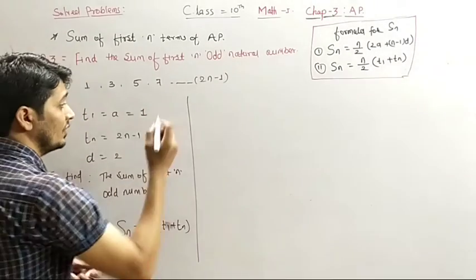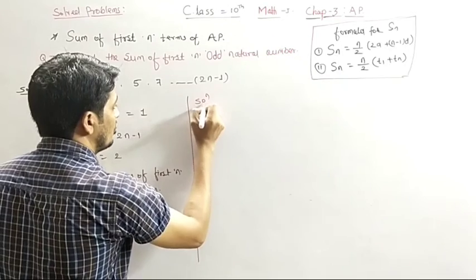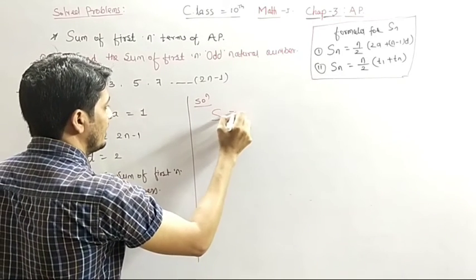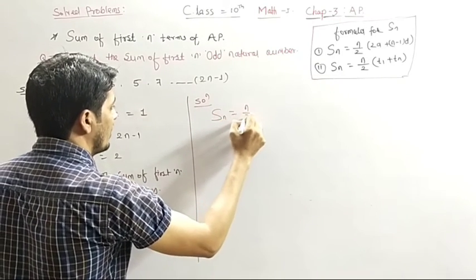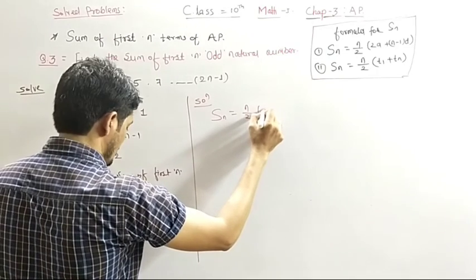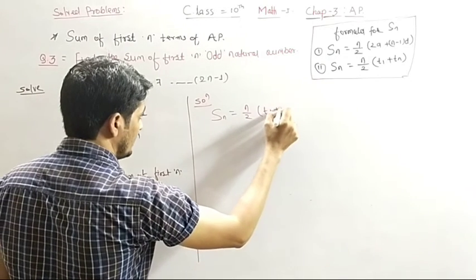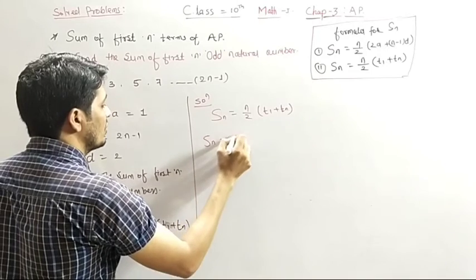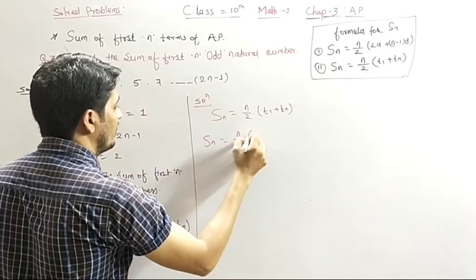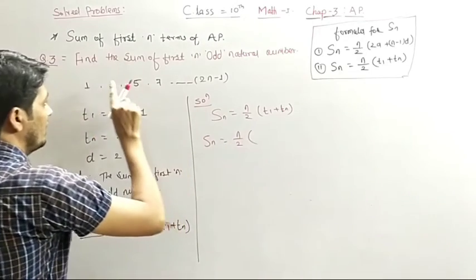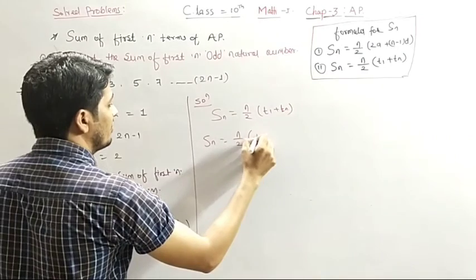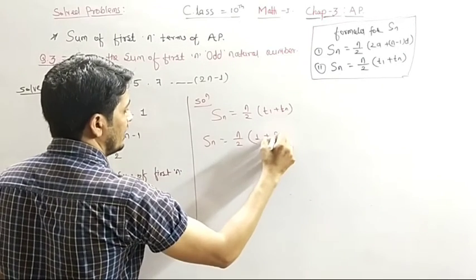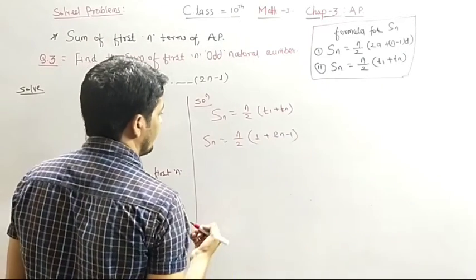So solution. What is the first formula? Sn equals n divided by 2 into t1 plus tn. So Sn equals n divided by 2 into, what is t1? t1 is 1, so we write 1 plus tn, which is 2n minus 1.